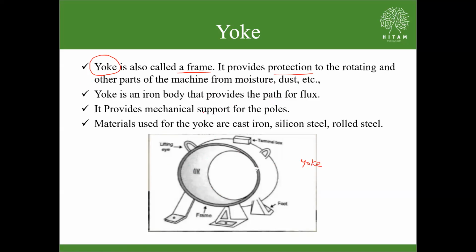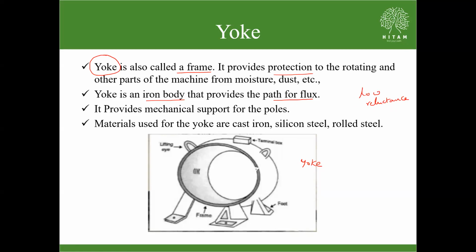Generally it is made of cast iron or an iron body that provides the path for the flux. To provide the path for the flux, it should have low reluctance, where reluctance is the opposition to the flow of flux.